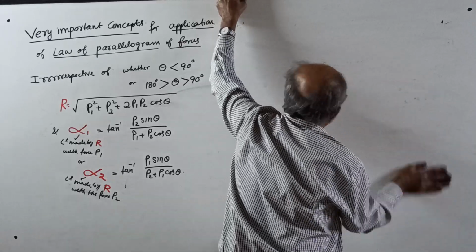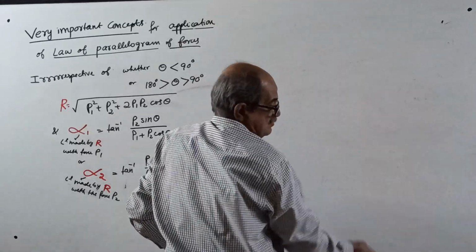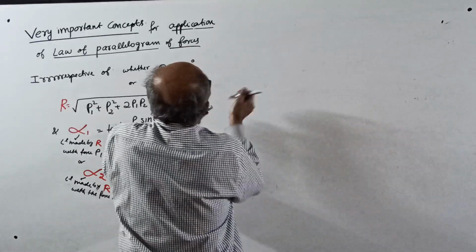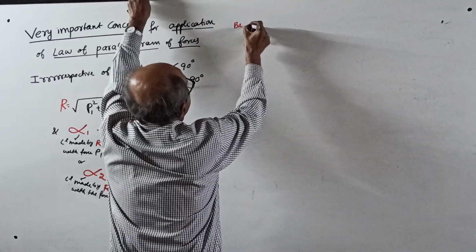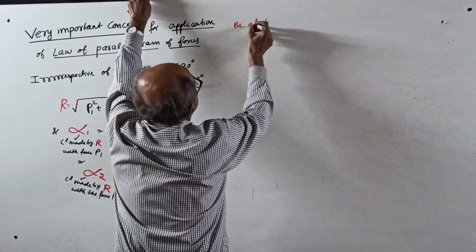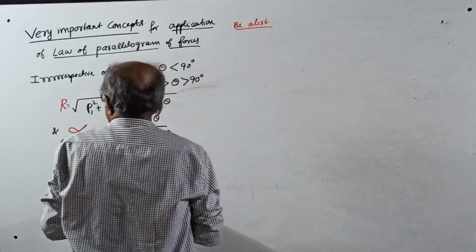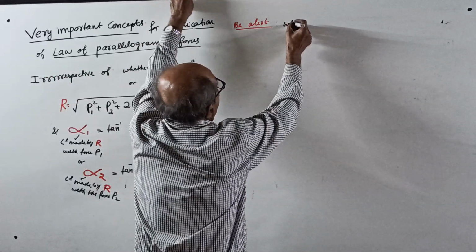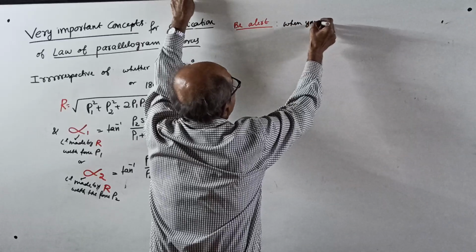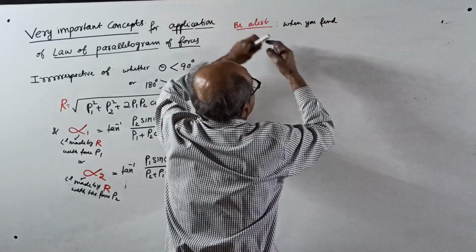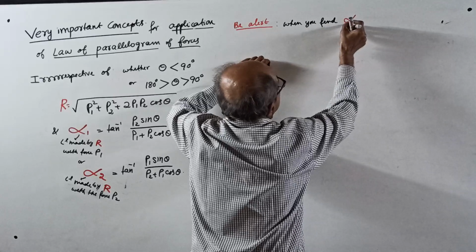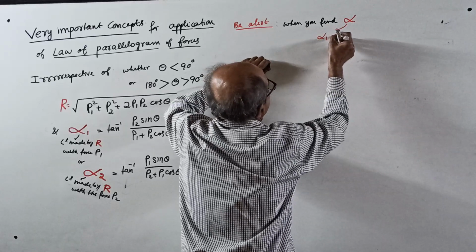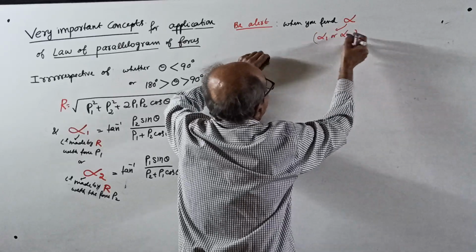Now, be very careful. Now, be alert. Red color. Be alert. When you find alpha, it means either alpha 1 or alpha 2, anyone.